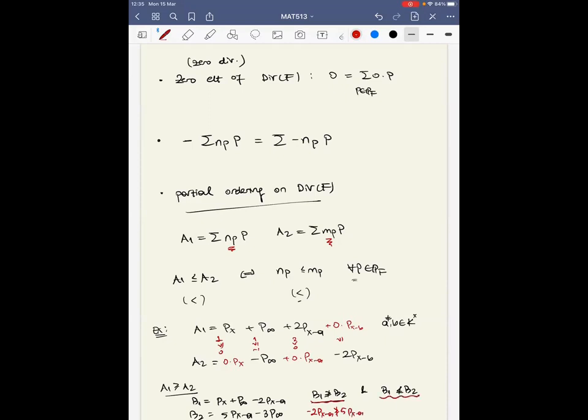And similarly, we see that the coefficients of the place P_infinity don't satisfy this inequality. So this is why neither B1 nor B2 is bigger than or equal to, or less than or equal to, the other one.